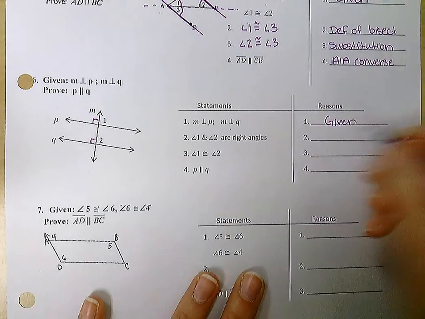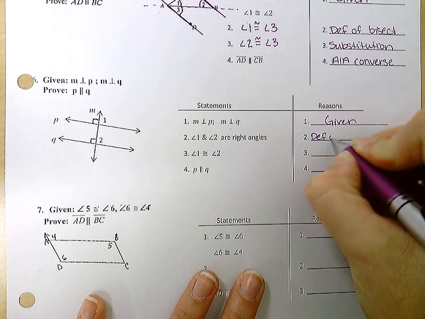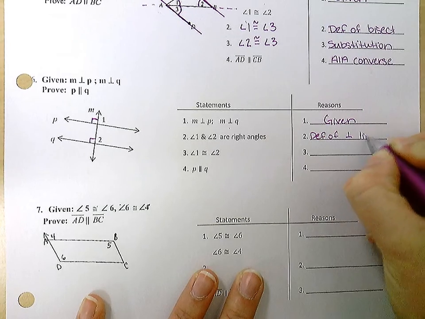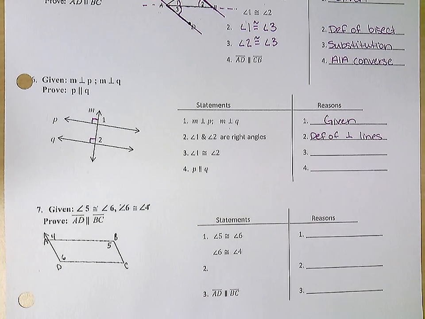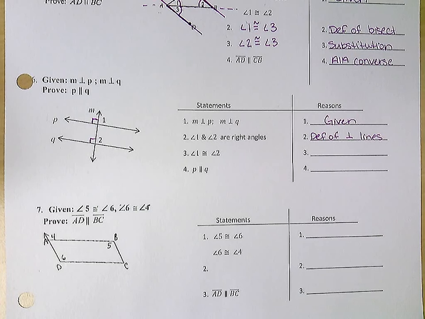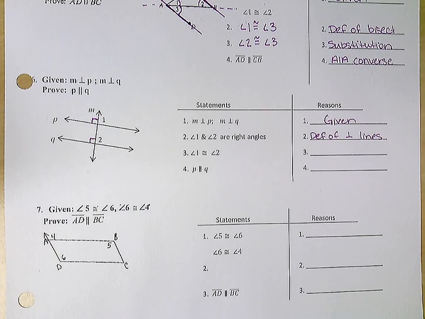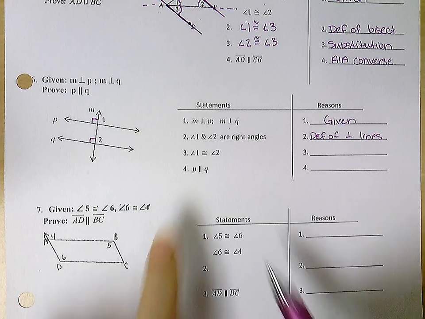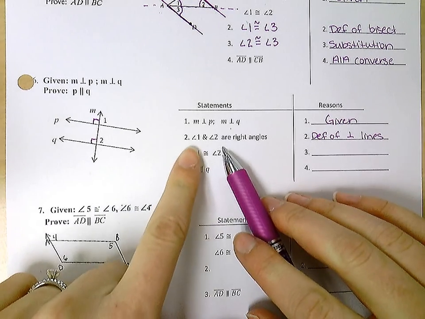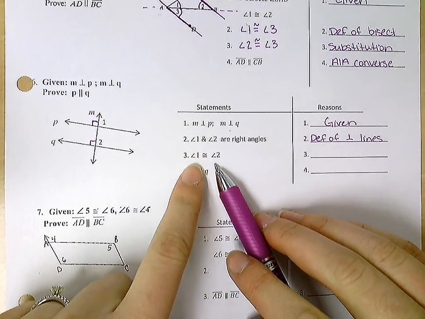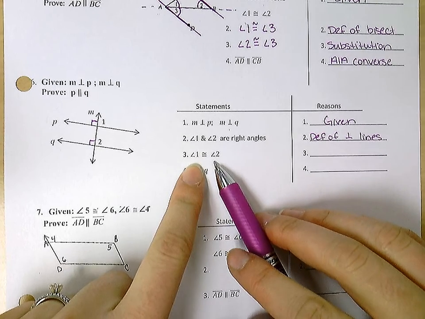Okay, that is the definition of perpendicular lines. Okay, you have your right angles created by those two perpendicular lines. Now, if angle 1 and angle 2 are right angles, we know they're congruent. Why are they congruent?